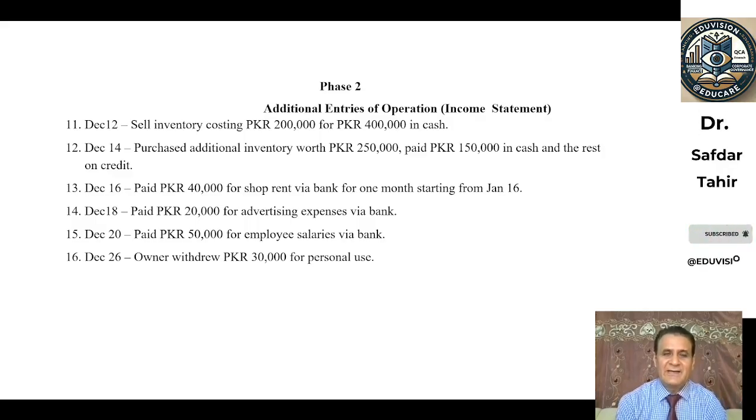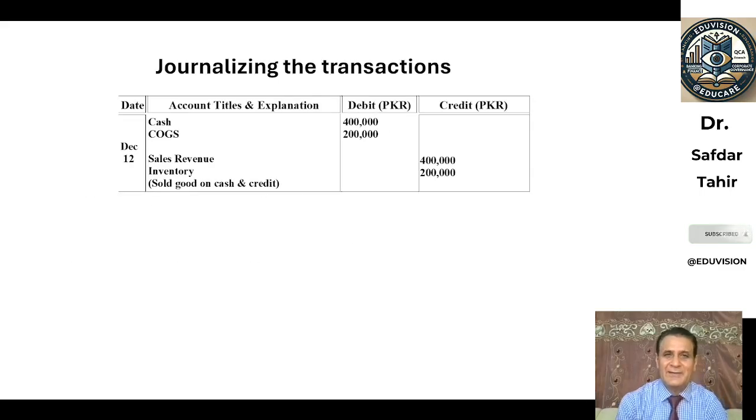This is the 11th entry. On December 12, we sell inventory costing 2 lakh for Pak rupees 4 lakh in cash. How can we deal with it? So we sell the inventory for cash. So the cash is debited, cash increases by 4 lakh.